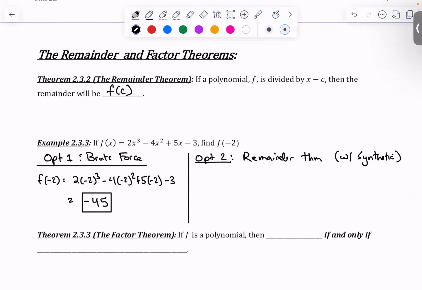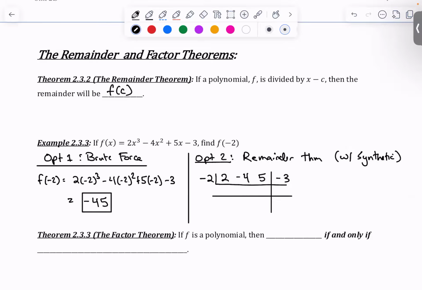So in this case, divide it by x plus 2. So negative 2 divided into 2x cubed minus 4x squared plus 5x minus 3. Notice that all powers of x are present and accounted for, so we don't need to put any placeholders. And these are pretty small numbers to work with.